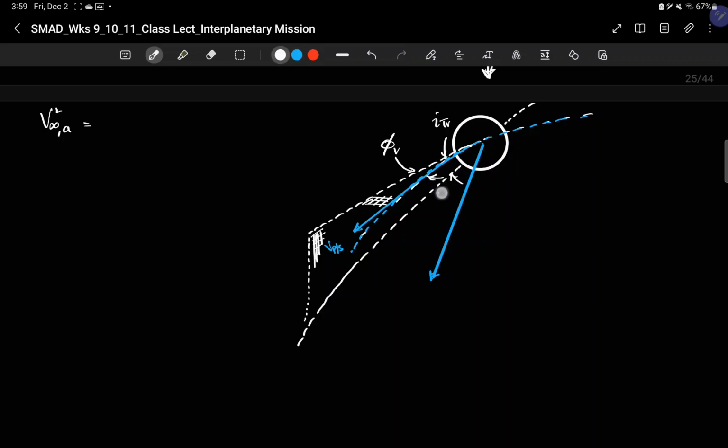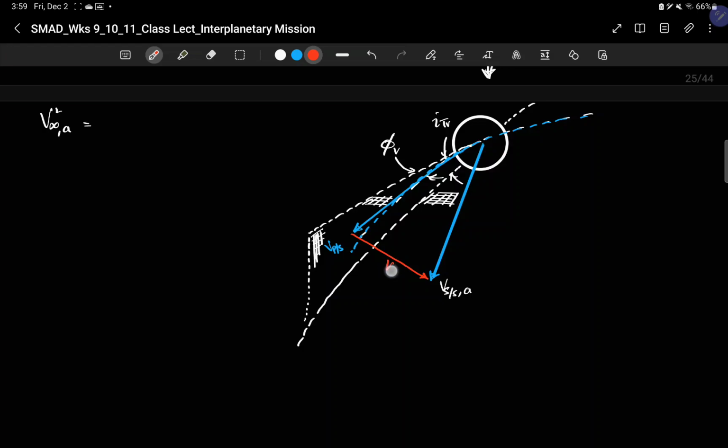So we have two planes. This velocity vector is the velocity vector of the spacecraft with respect to the sun at its arrival. Okay, and so what did we have at that time? The V infinity would be the vector connecting these two.